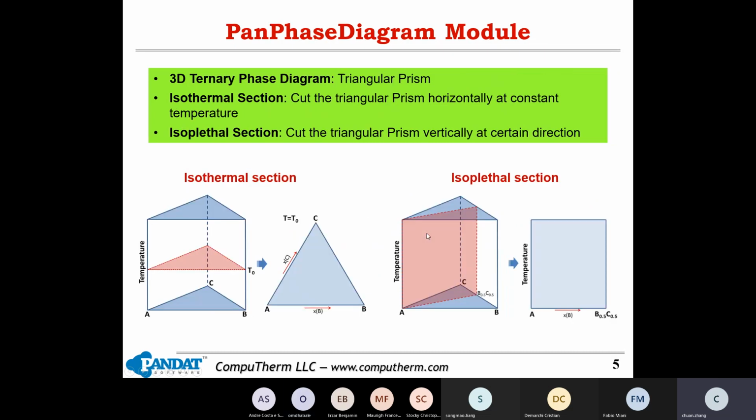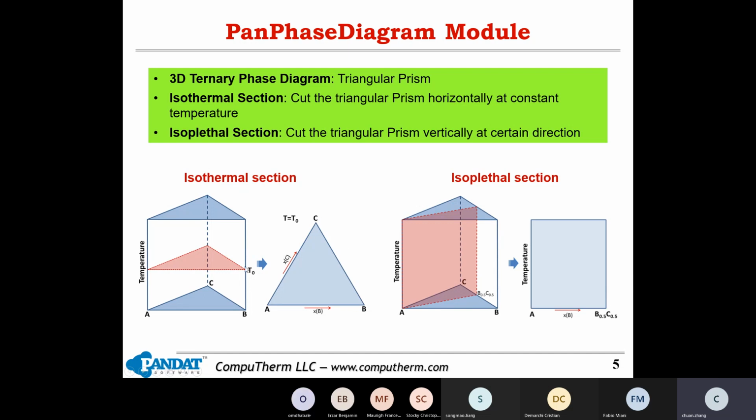As we know, the ternary phase diagram is a triangular prism, which can be calculated as a 3D diagram. I will show you one example in the next slide. But for visualization, we usually use the isothermal section, which cuts the triangular prism horizontally at a constant temperature and projects it onto a 2D surface.